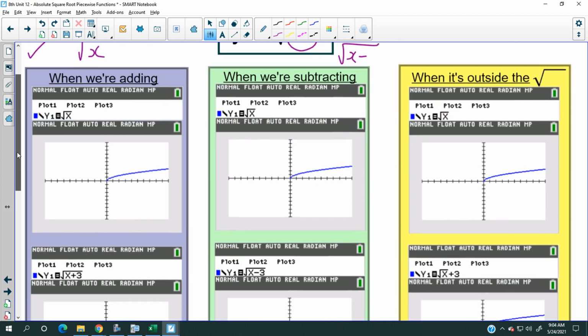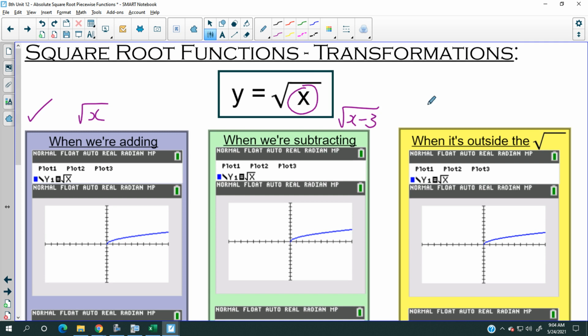Now, what was the example I used? All right, -3. And what happens when the subtraction takes place, or addition really, outside of the radical sign?